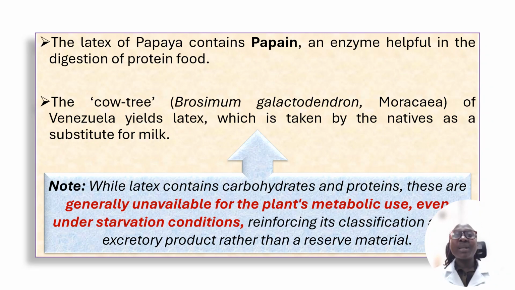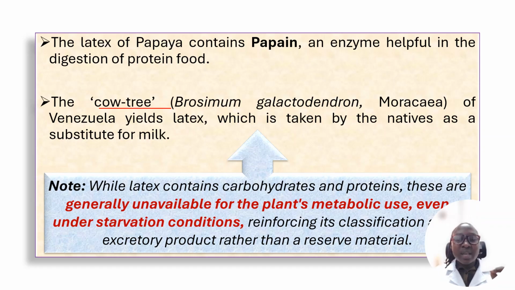And please go and check something interesting about the cow tree, Brosimum galactodendron, which produces latex that is as much as cow milk, the one we consume, and is consumed by people in Venezuela as a substitute for milk. It has the contents and everything just like milk. You will enjoy reading about that plant on your own.